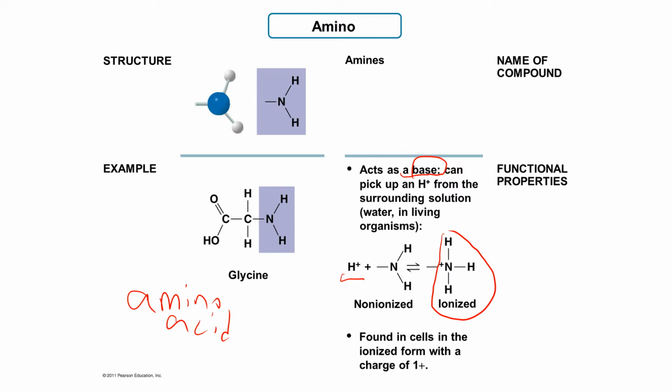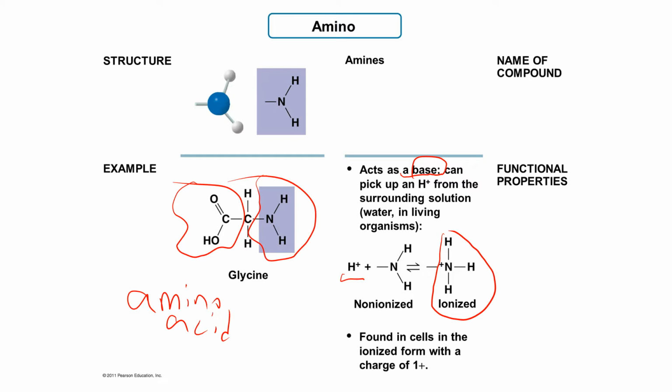So think about this word, amino acid. It's an acid because it has a carboxyl group, carboxylic acids. The word amino comes from the fact that it has an amino group. Every single amino acid is always going to have a carboxyl group and an amino group.